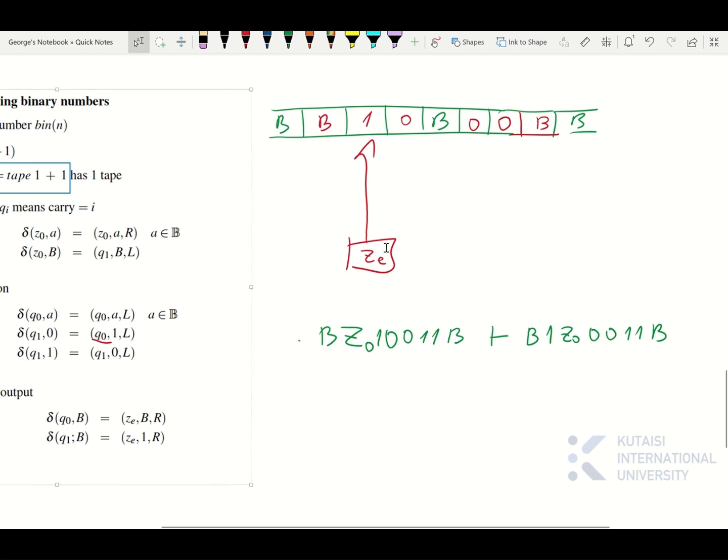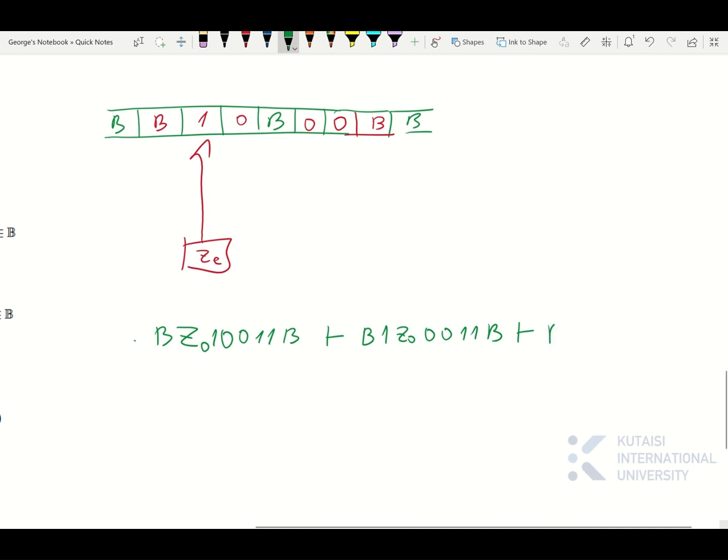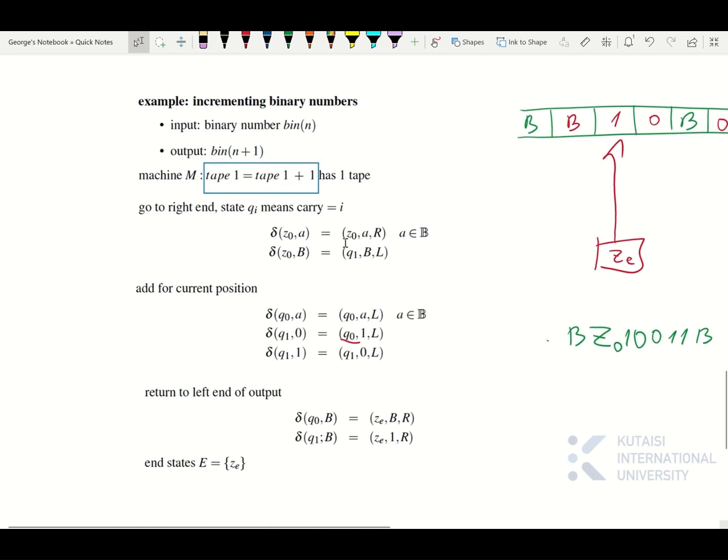This just means what I drew here in the beginning: it read 1, it changed nothing, so it kept 1, and it moved 1 cell to the right. Then the next configuration was again blank 1 0 Z0 0 1 1 blank. It always stays in Z0. See, when it's reading anything, it stays in Z0.